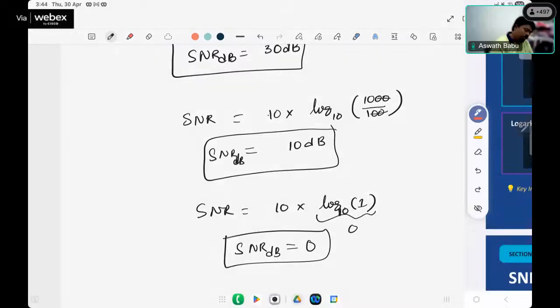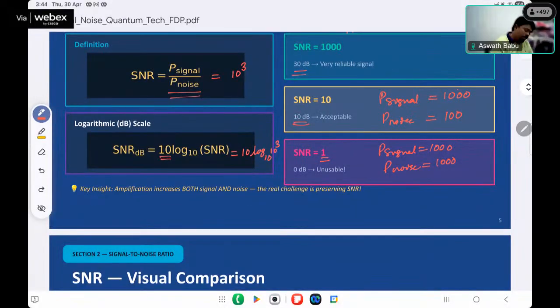So you're saying if the noise and signal have the same power, we don't see anything, and we might always make a mistake. That is what 0 decibels expresses in terms of signal strength.